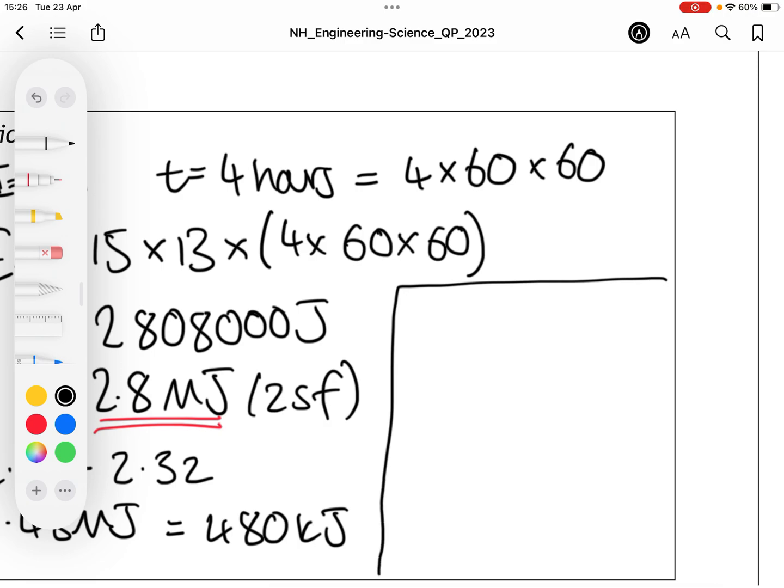Now we know that our calculation for efficiency is our useful energy out divided by our total energy in.